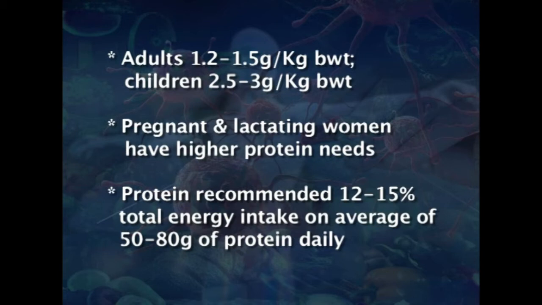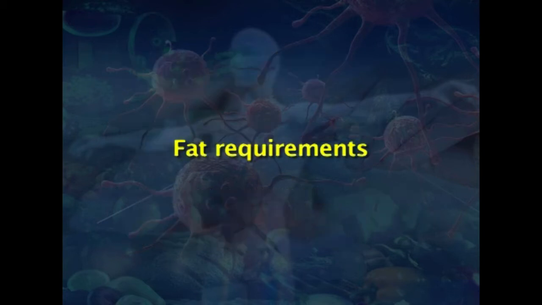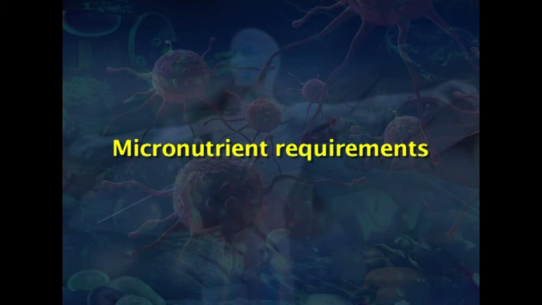Pregnant and lactating women have higher protein needs, therefore they are recommended 12 to 15% of total energy intake, on average 50 to 80 grams of protein per day. Fat requirements. As per WHO, the RDA for an HIV non-infected person is 30% of the total energy needs. Micronutrients.